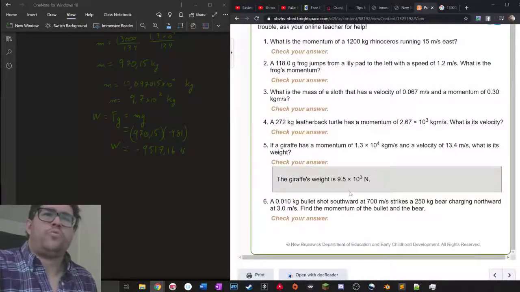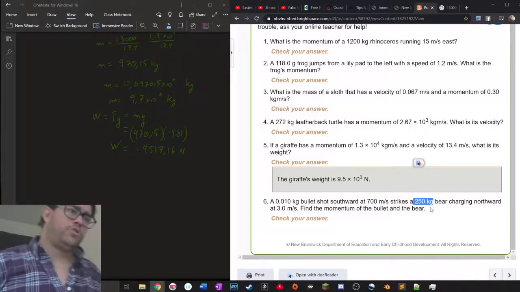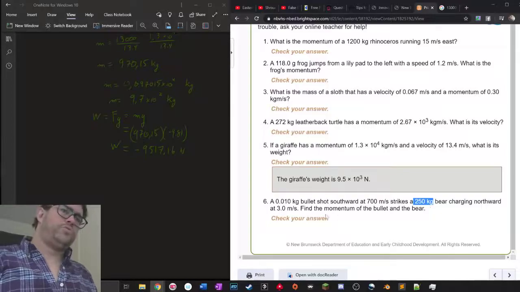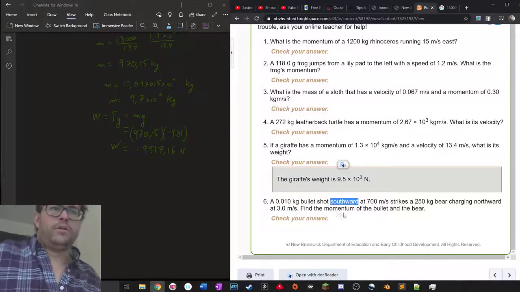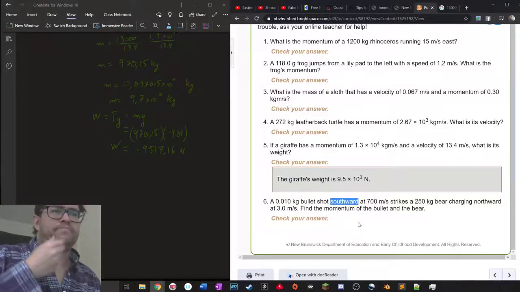And one more problem, the last one, just to check it out. We got mass, we got velocity, so we can have momentum, right? It strikes a 250 kilogram bear charging northwards at 3 meters per second. So this bullet was shot southward. Find the momentum of the bullet and the bear.